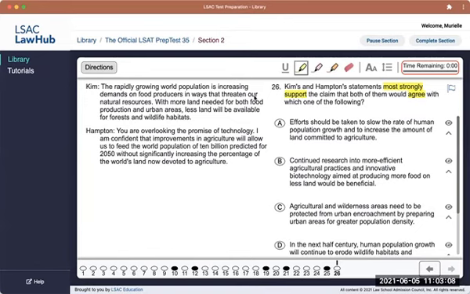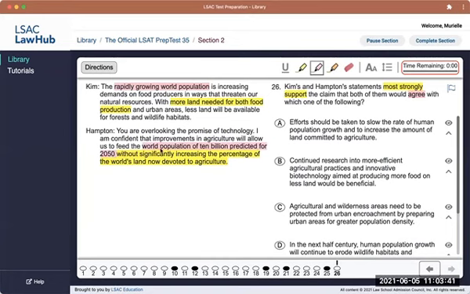So, okay, so more land needed for food production without significantly increasing the percentage devoted to agriculture. So they disagree on that point, but we're looking for what they agree on. Okay. Rapidly growing population. And here we have world population of 10 billion predicted for 2050.